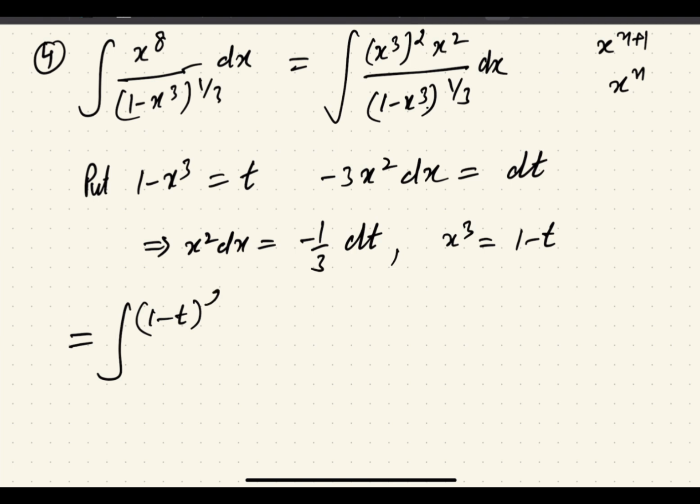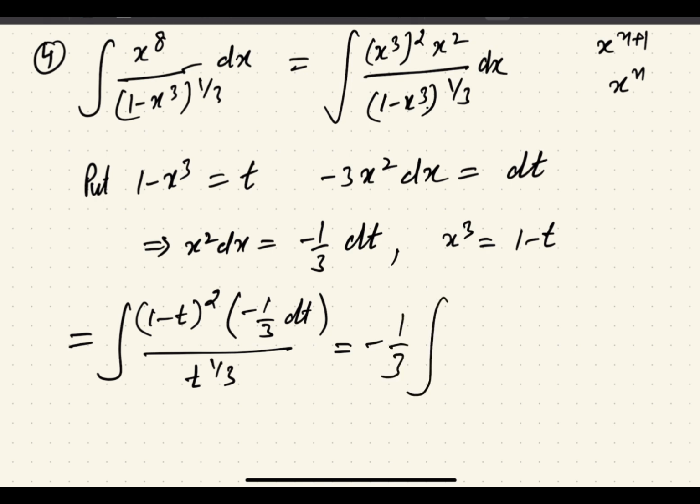Okay, this will be (1 minus t) square into minus 1 over 3 dt over t to the power 1 over 3, and this will be equal to 1 over 3 integral of (1 minus t) square dt over t to the power 1 over 3.